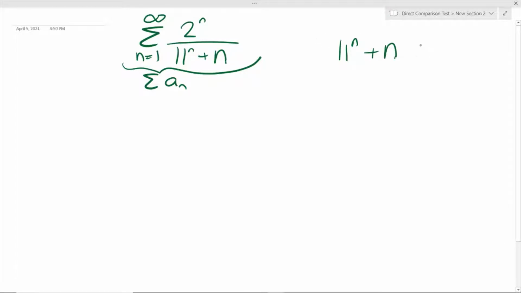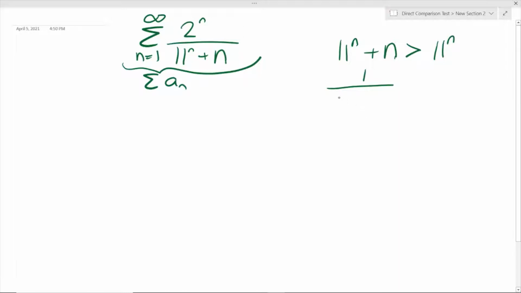Now, we know that this is greater than 11 to the exponent of n because we're adding n, right? And n is just going to be positive numbers. So since this is greater, we can look at the reciprocal of it because we're going to try and match it up with this AN.